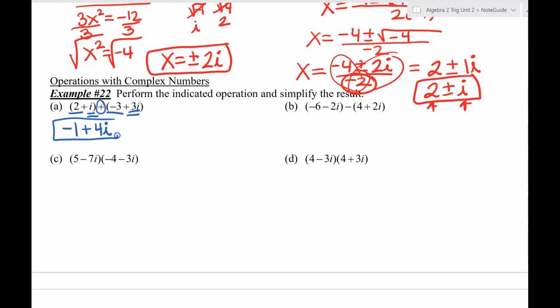And this is my new complex number. When I see a subtraction sign, I want to be a little bit careful that I understand that that subtraction is part of the terms that follow inside those parentheses, and distribute it. And then I would go about the same way.